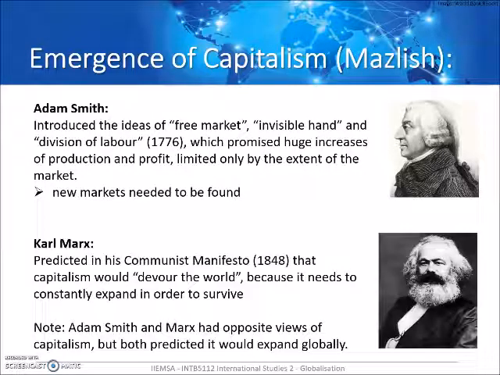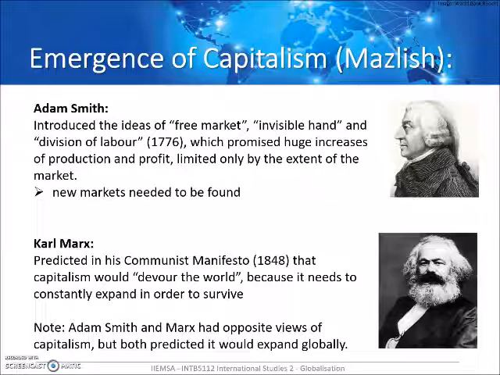Now, on the other hand, and this is quite funny because Adam Smith was very much on the capitalist side, so he was really promoting capitalist ideas, and he sort of predicted that globalization had to happen because new markets needed to be found. On the very opposite political spectrum, you had Karl Marx, who was obviously one of the biggest representatives of communist ideas.